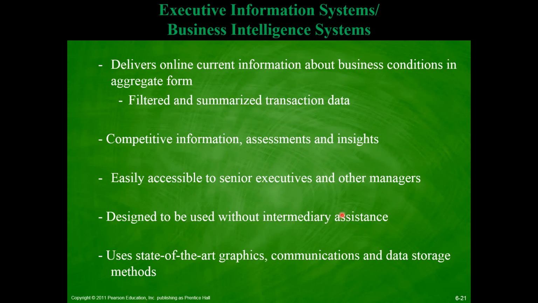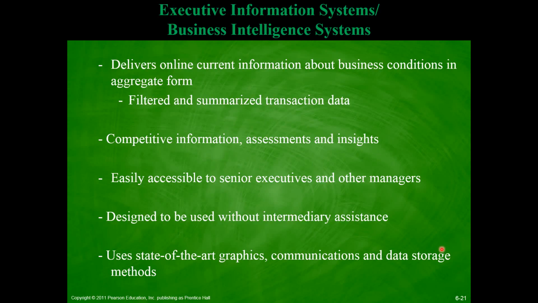So the system needs to provide information that is highly aggregated and also can easily be understood and interpreted or used by executives. So they are designed to be used without intermediary assistance. Often they rely on graphics and various data communication and storage methods to make data more accessible and more convenient to use for executives.